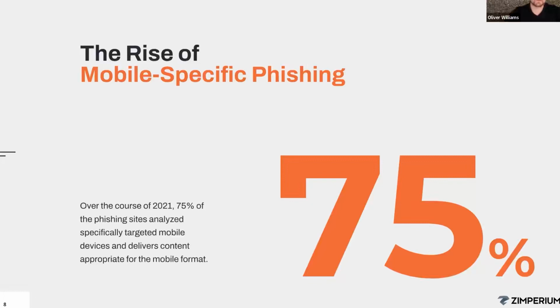Attackers had to shift and started using phishing to counter that. A lot of the phishing sites we've been analysing are specifically targeted at mobile devices and content delivered to them. Of all phishing sites, the majority are focused at mobile device users.